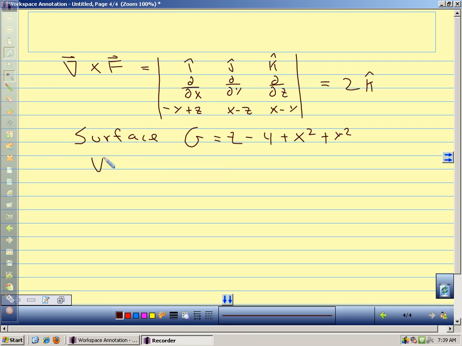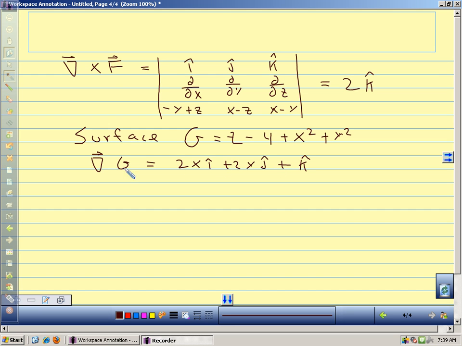And del G, what we're going to use to get our normal vector. Del G is 2xi plus 2yj plus k. So del cross f, we're going to evaluate.